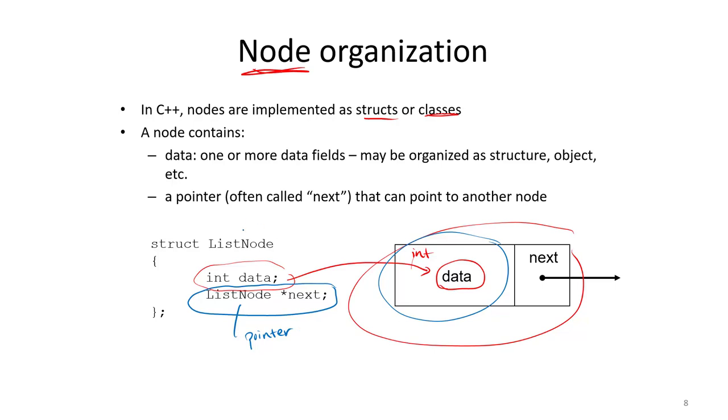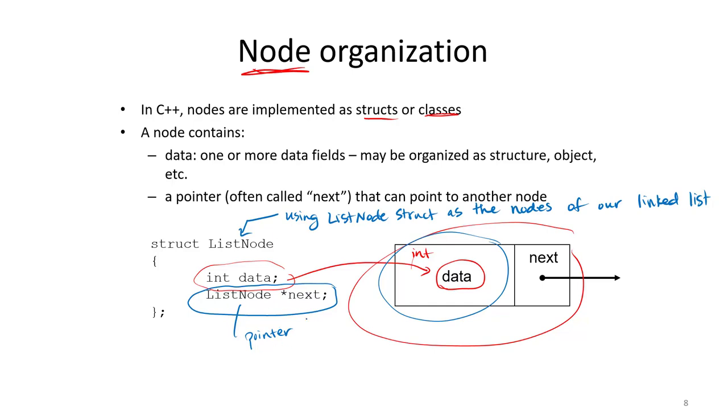So notice in this case, we named our node list node. So in this case, we're using the list node struct as a template, or as basically the blueprint for the nodes of our linked list. And remember, the pointers need to connect one node to another.